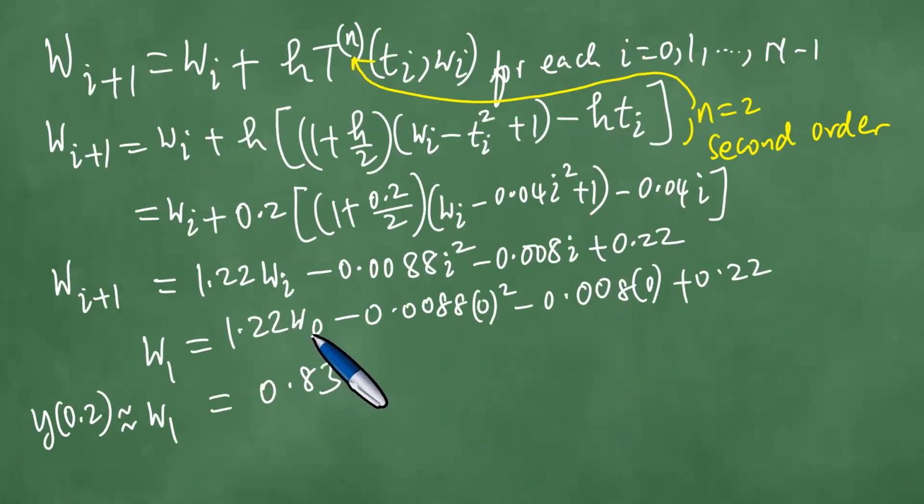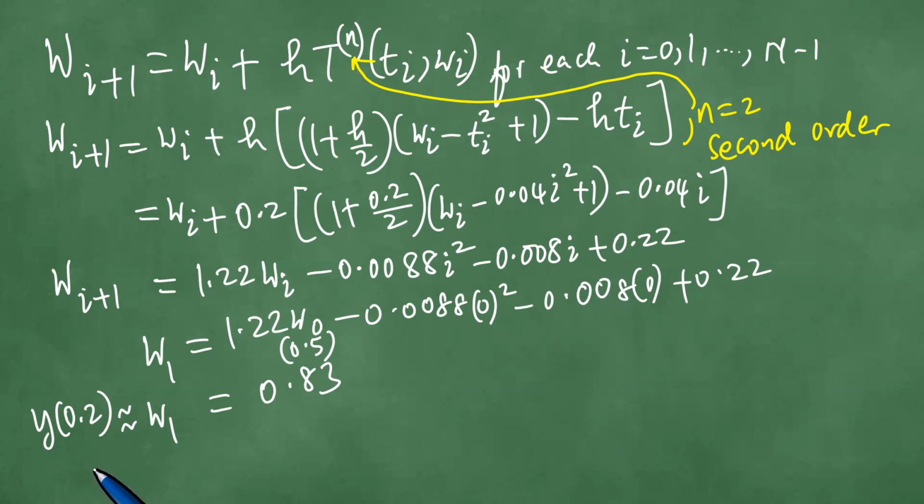W0 we know already, once again, is 0.5. Just put here it is 0.5. So add everything, you get 0.83. All right, so which means that we found an estimate at 0.2, which is 0.83. Okay, let's just do one more.